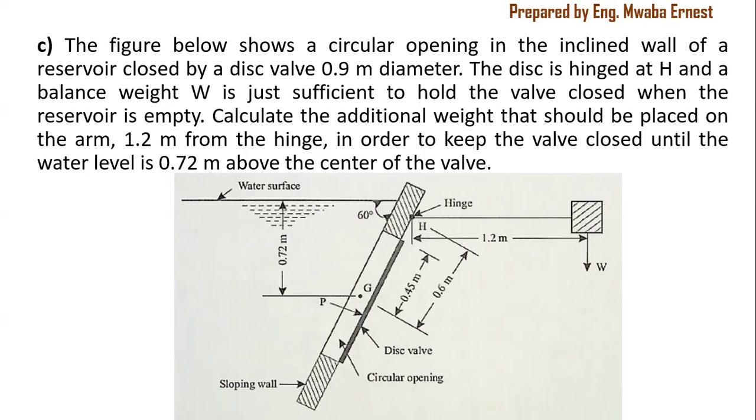So this is our arrangement. This is the weight to be put there. We have a hinge and the supporting lever. The length there is 1.2 meters. This whole gate, we're told the diameter is 0.9.